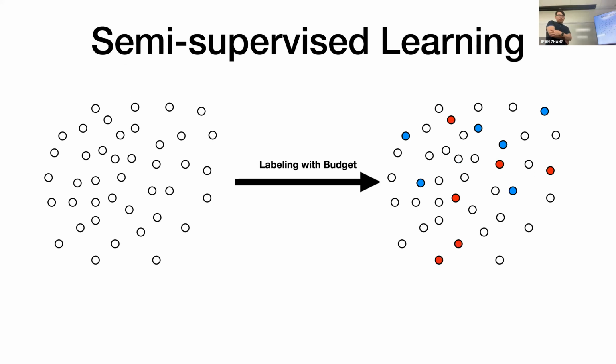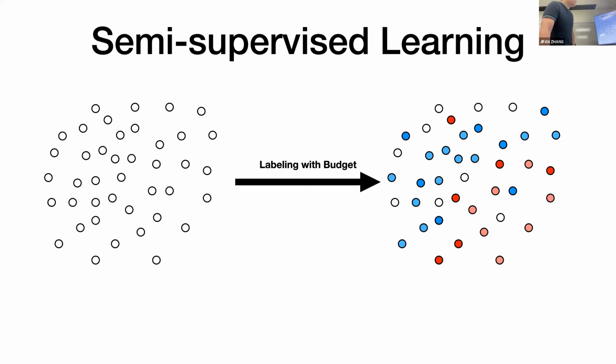Another type of label efficient learning is semi-supervised learning. In semi-supervised learning, you start again with the unlabeled data, you randomly choose some data to label, and the reason it's called semi-supervised is because you also leverage all the unlabeled data when you train your classifier.